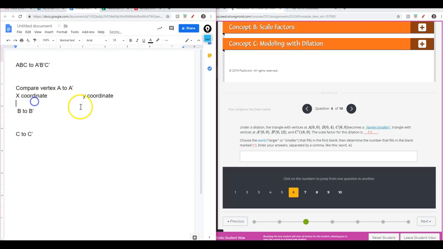Okay, so A's X coordinate is 0. So 0 times our scale factor has to equal A prime's X coordinate, which is 0. Now this doesn't help because 0 times any number can be 0. So let's look for the Y coordinates.